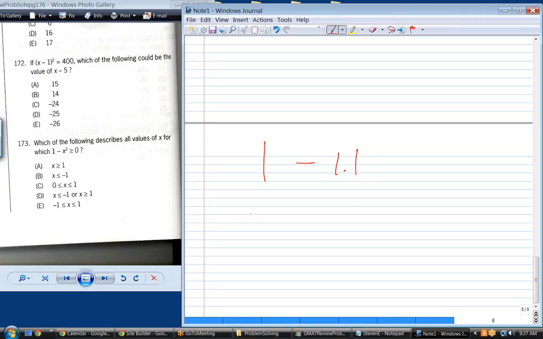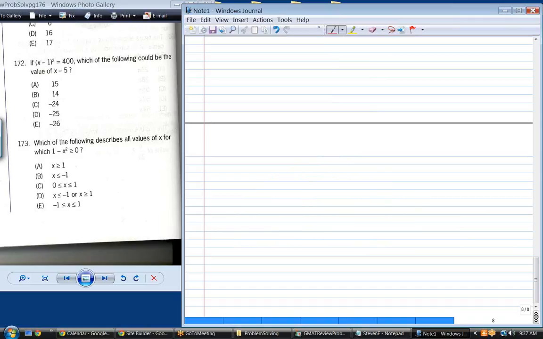If x is 2, 1 minus 4 is not greater than or equal to 0. So A can't be true. x is greater than 1. If you put that in the squared, for example 2 or 1.1, you get a negative value, and that's not greater than 0.